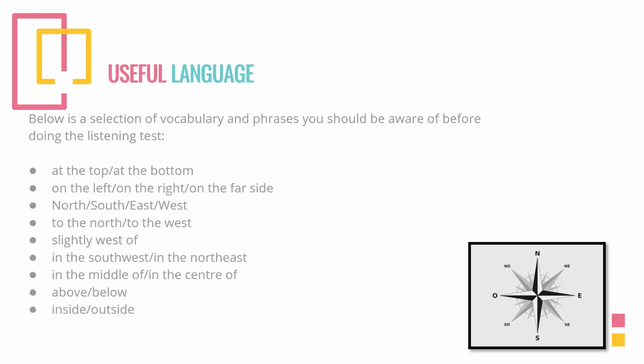Then simultaneously they are using southwest, northeast, so middle directions as well. You need to understand them very clearly. Then apart from these 8 directions: above, below, inside, outside, middle, center.